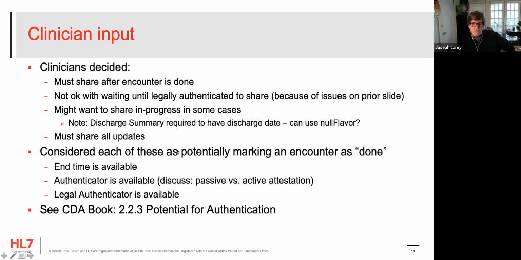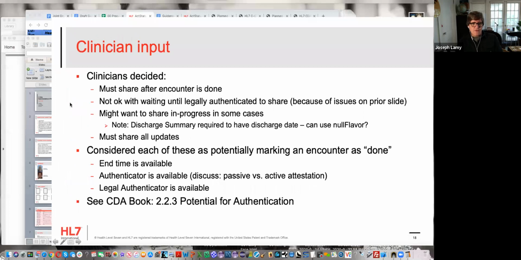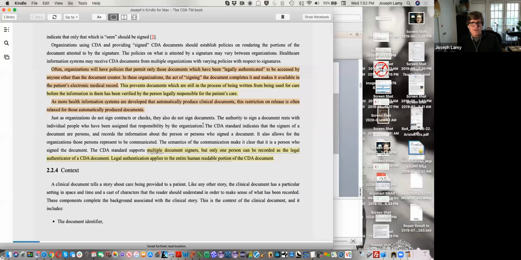So then we talked about these three kind of things that could mark an encounter as done. One would be the end time is available, one would be that you have an authenticator, and then you've got legal authenticator. And then I did want to call out this little section of the CDA book, the little orange sections that I've highlighted, talking about legal authenticator.